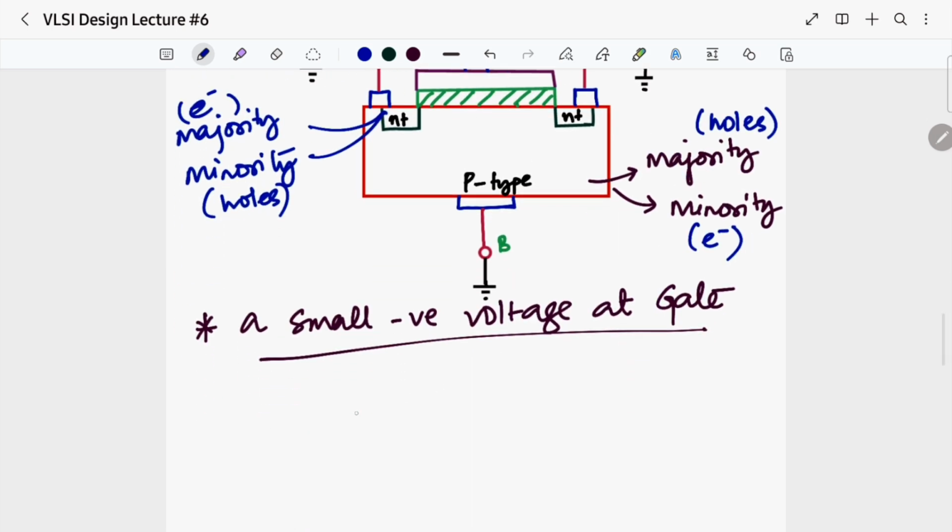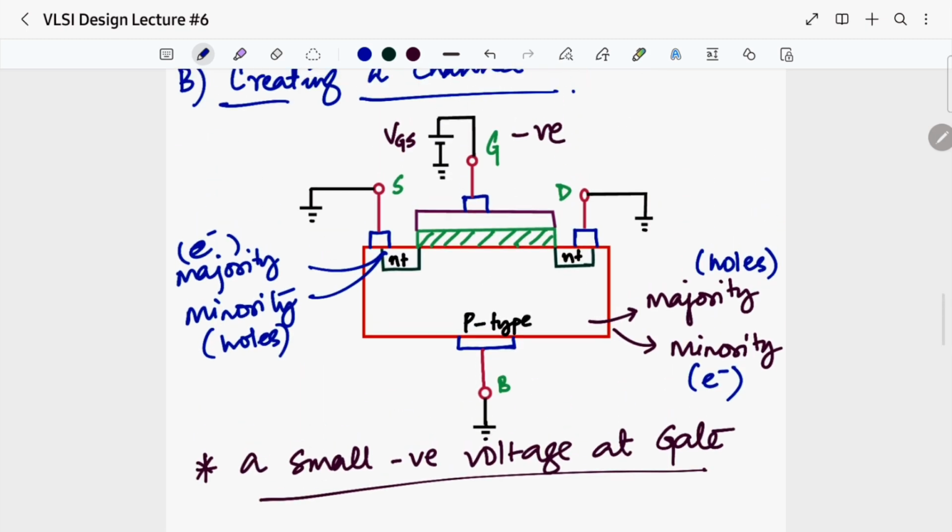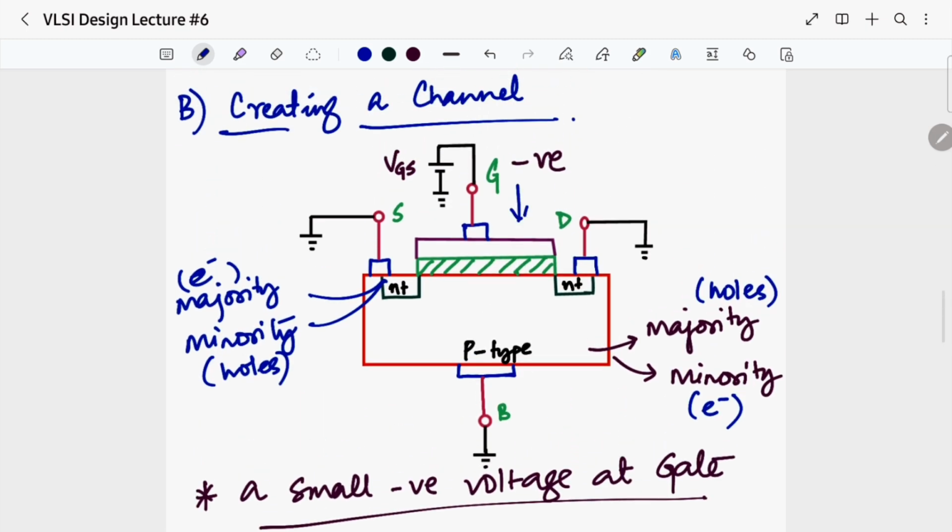So when I am providing a negative voltage at the gate, what will happen? The majority carriers, the holes from the p-type substrate, will be attracted towards the surface.